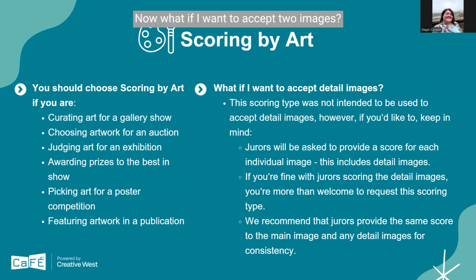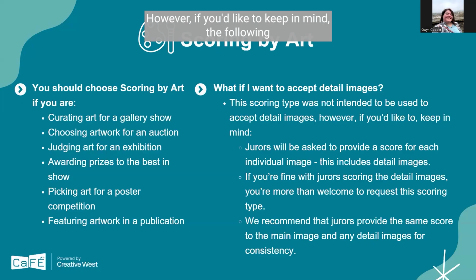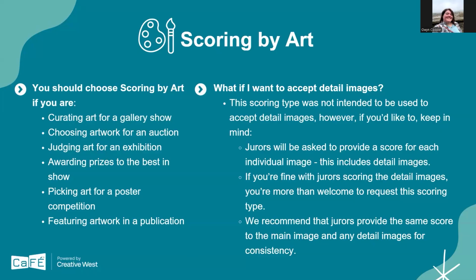Now, what if I want to accept detail images? This scoring type was not intended to be used to accept detail images. However, if you'd like to, keep in mind the following. Jurors will be asked to provide a score for each individual image.